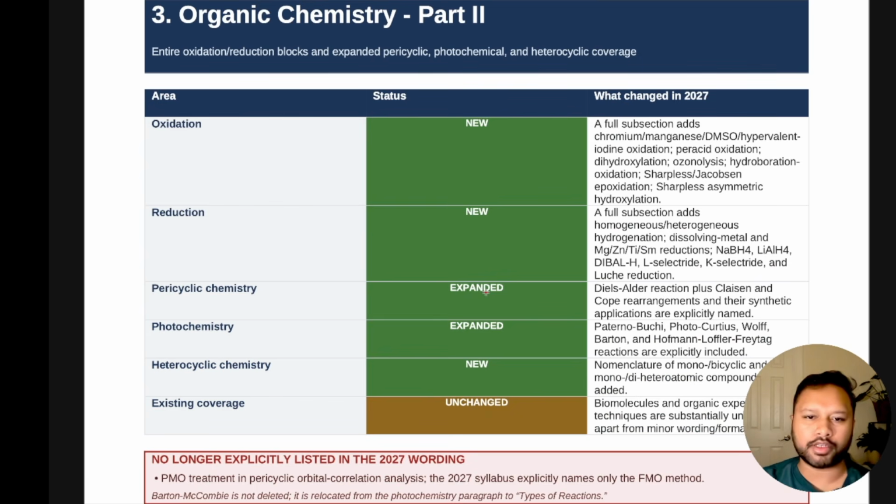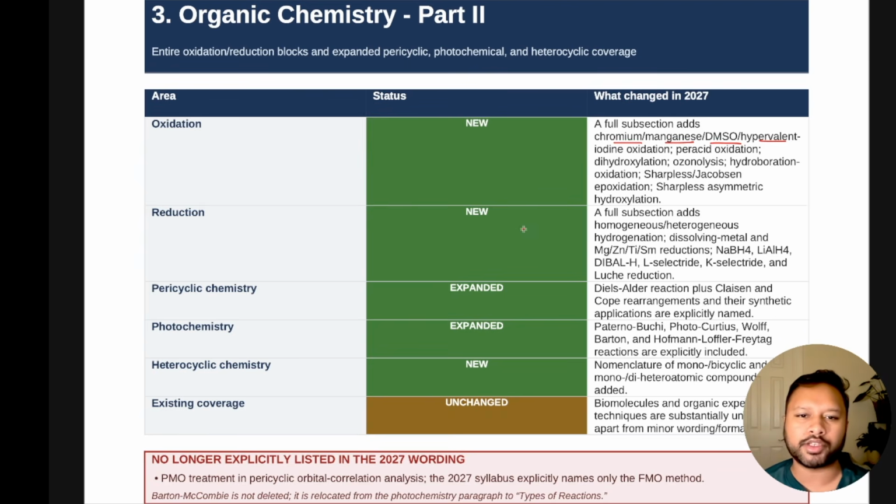What are the other changes in other organic chemistry topics? As I said earlier, organic chemistry used to be very concise, but now it is in detail. New things are added under oxidation, like a full subsection that adds chromium, manganese, DMSO, hypervalent iodine oxidation, peracid oxidation, dihydroxylation, ozonolysis, hydroboration oxidation, Sharpless-Jacobsen epoxidation, Sharpless asymmetric hydroxylation. All these things you already prepare when you study for CSIR NET or anything, they have just been mentioned now.